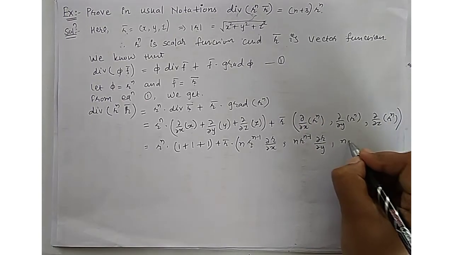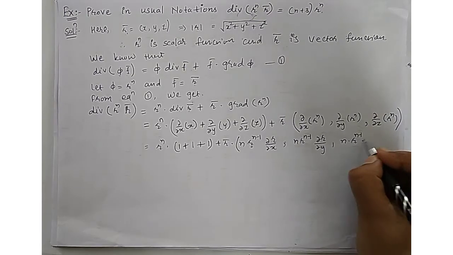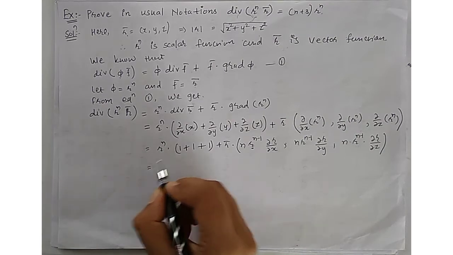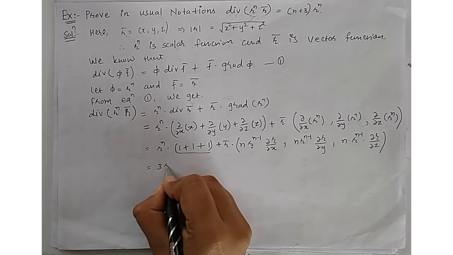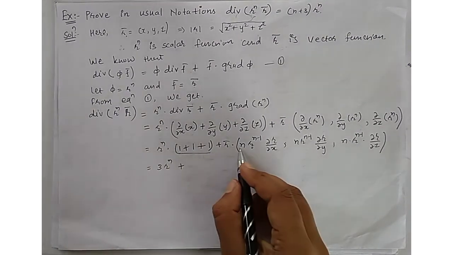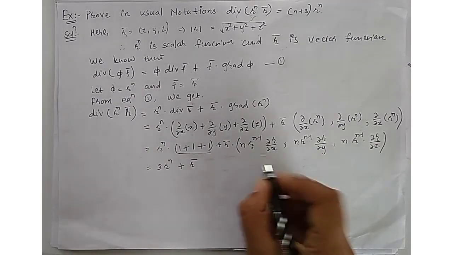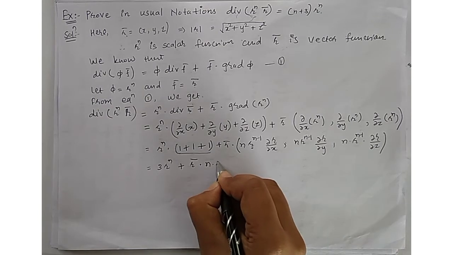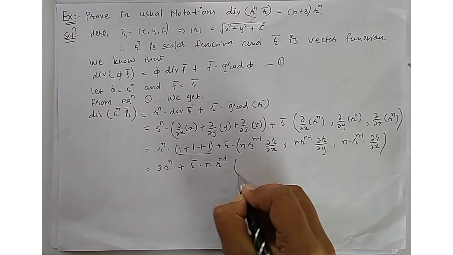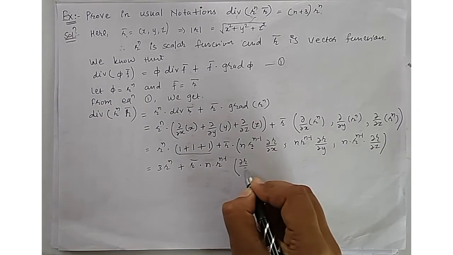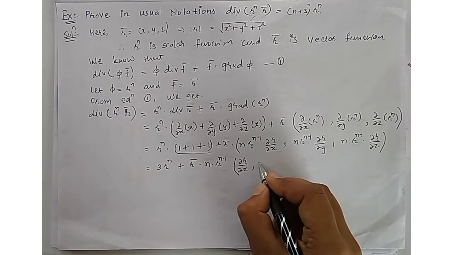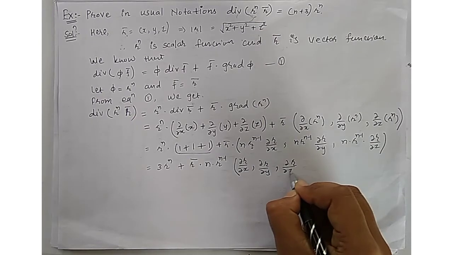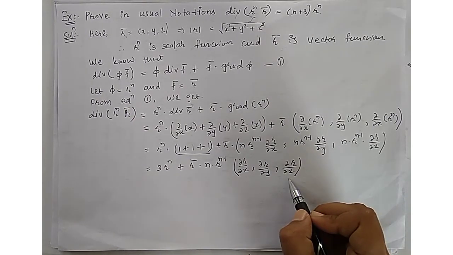Here also n into r to the power n minus 1 into del r by del z. So is equal to 3 r to the power n plus r bar, taking common n into r to the power n minus 1, left with del r by del x, del r by del y and del r by del z.